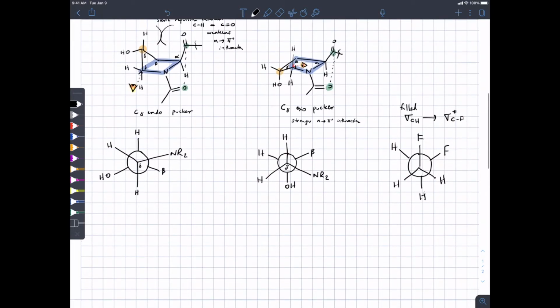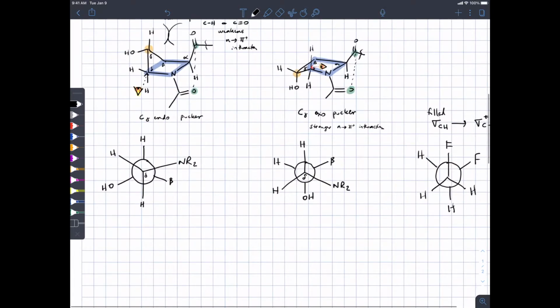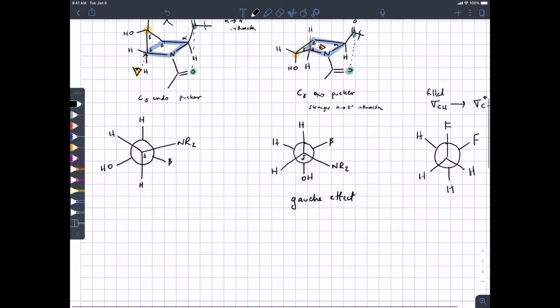So which of these two do you think provides a more stable situation? Having OH anti to the nitrogen, or gauche? Sterics would tell you anti, but in reality electronics tell you gauche, and that actually overcomes the steric preference.